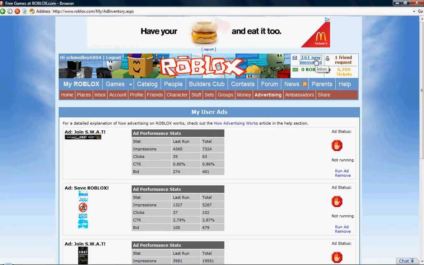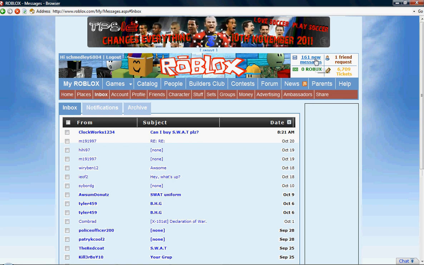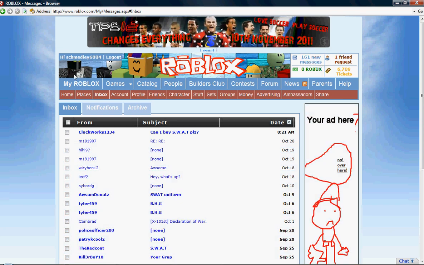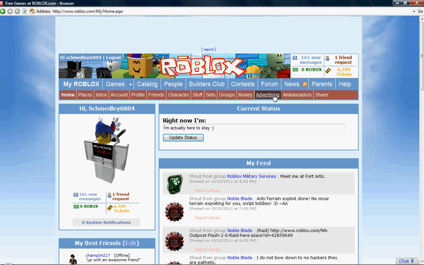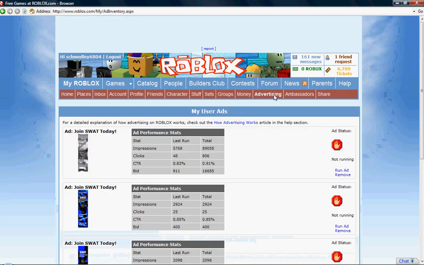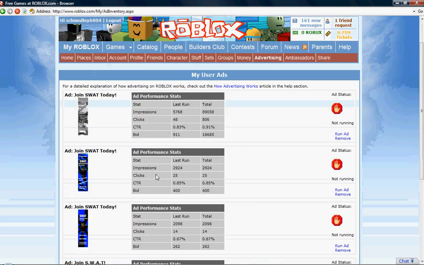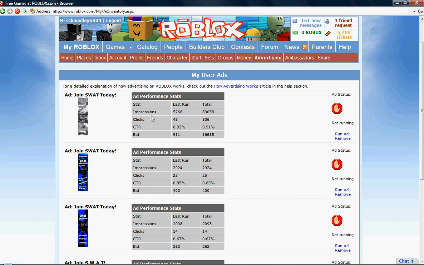You don't want to just have one ad and put all your money into that. You want to split your ads up. You want to split your money between different ads, like give this 3,000 tickets or whatever you want, and then give this 3,000 tickets, and split it up evenly.